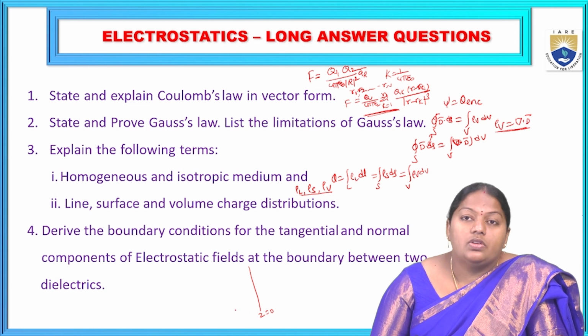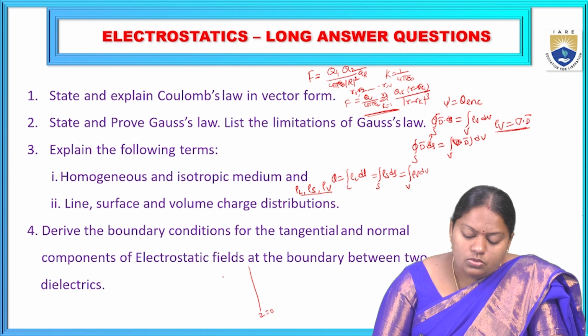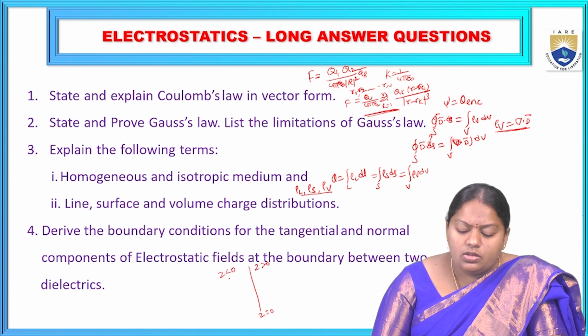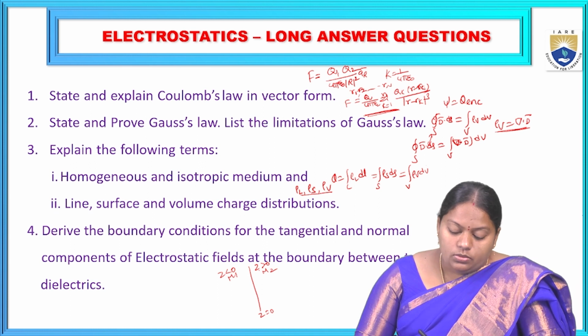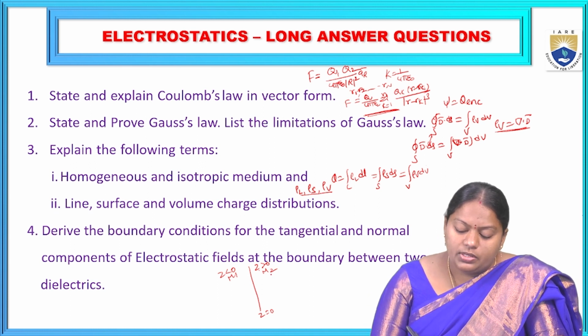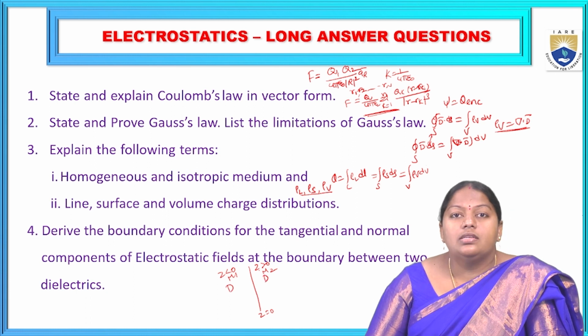Below z equal to 0 we have medium 1, and above z equal to 0 we have medium 2. So for z less than 0, medium 1 exists, and for z greater than 0, medium 2 exists. These two can be considered as two dielectric media.